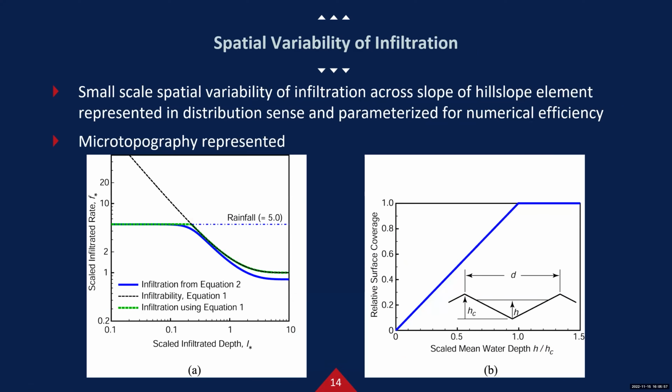Another thing we can do is represent small scale spatial variability of infiltration across a slope. So this is the scale of infiltration. Think about particularly around here, where you often have desert brush. So you've got brush and you've got interbrush open spaces.